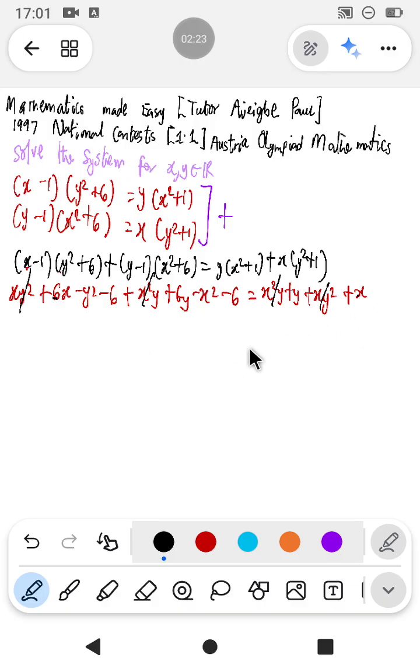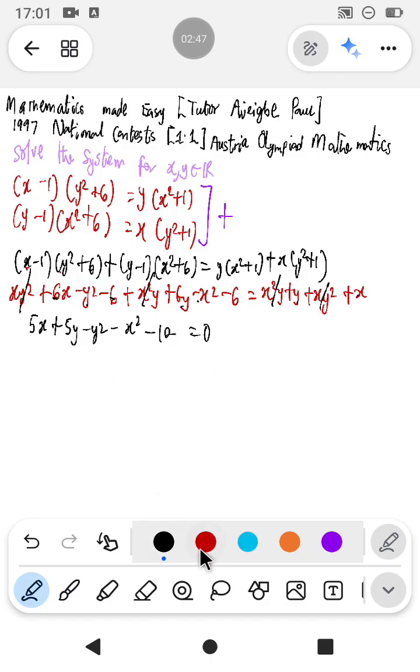So we subtract x from both sides, and that's going to give us 5x. Then look at this, 6y and y. If we subtract y from both sides, that's going to give us 5y. All right, we have negative y squared, we have negative x squared. Then don't forget negative 6 and negative 6, so that's going to give us negative 12. Then everything here equals 0.